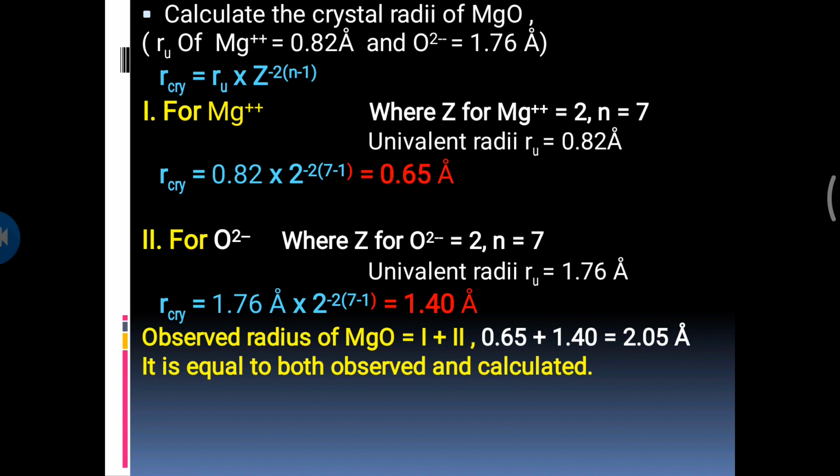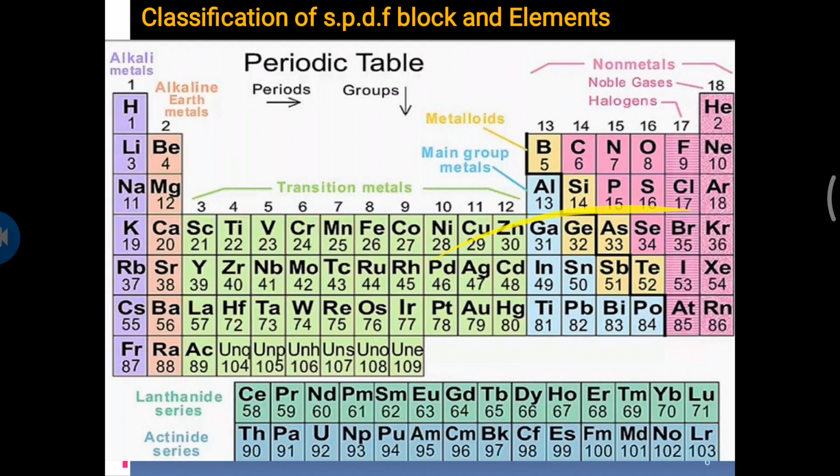And second, for O2 minus, the crystal radii of O2 minus: Z is 2, because O2 minus means 2 negative charge. Similarly, n equal to 7. Why? Because oxygen gains 2 electrons to form the neon inert element configuration.